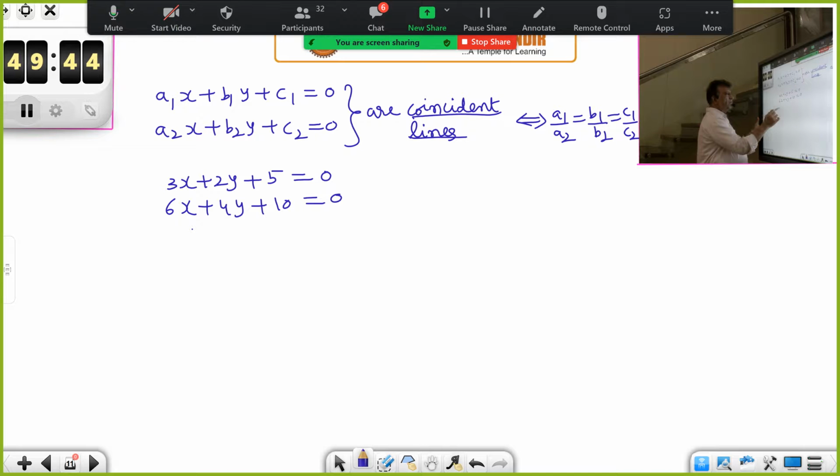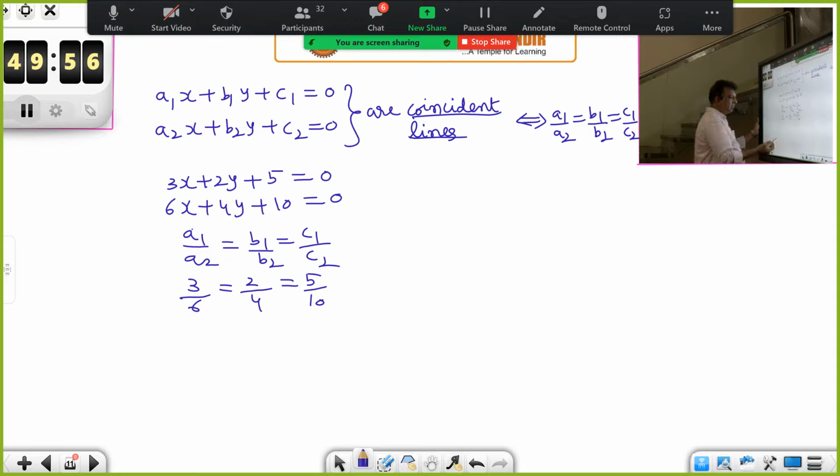A1 by A2 is equal to B1 by B2 is equal to C1 by C2. The condition will be satisfied here. You can see 3 by 6 is equal to 2 by 4 is equal to 5 by 10. All of them equal to 1 by 2 only.